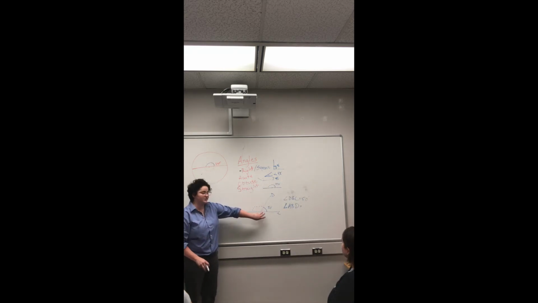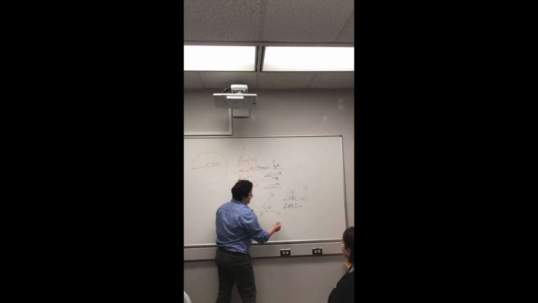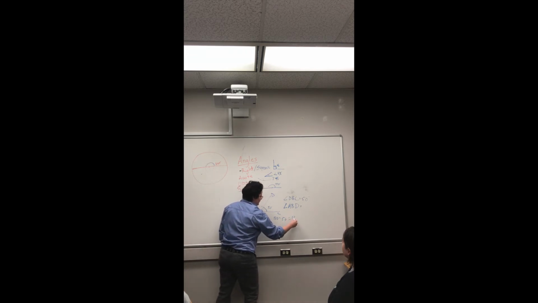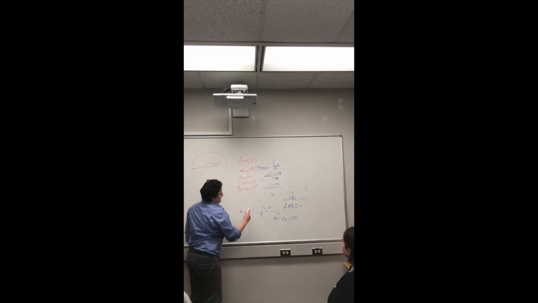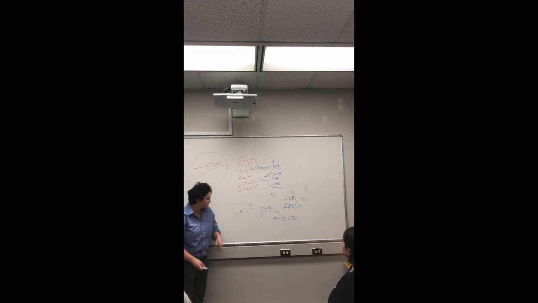We know that it has to add up to 180 degrees, and we already know that angle DBC is 50. So the way that we solve for angle ABD is simply taking our 180 degrees, minusing our 50 degrees from it, and getting our remainder. And that is enough to tell you that angle ABD is 130 degrees.